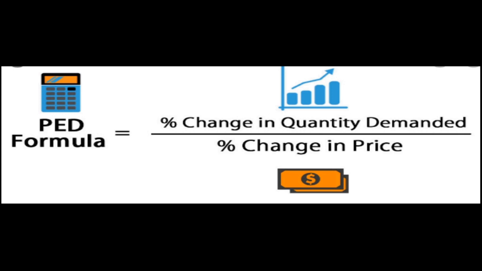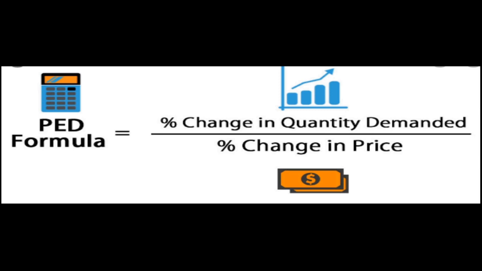Now we will see what the formula of price elastic demand is. The price elastic demand is defined as the proportionate change in quantity demanded to the proportionate change in price.